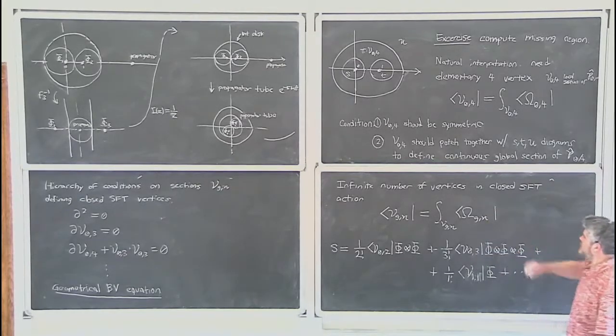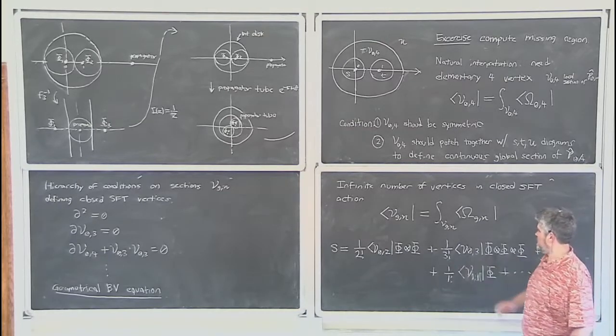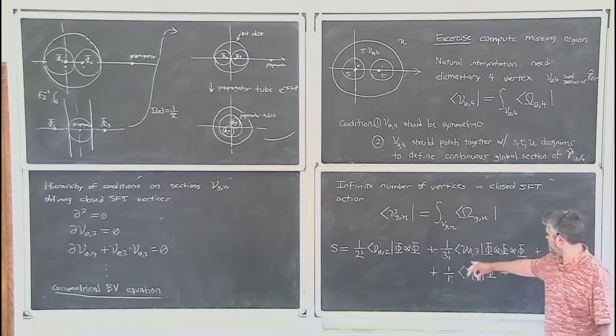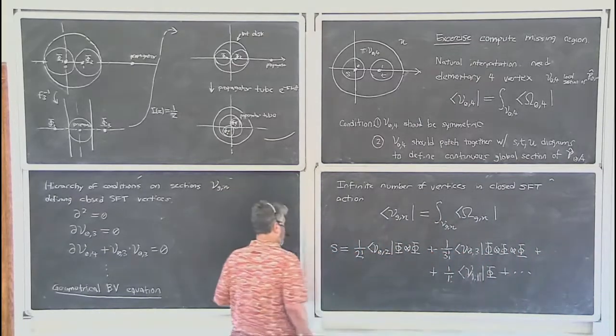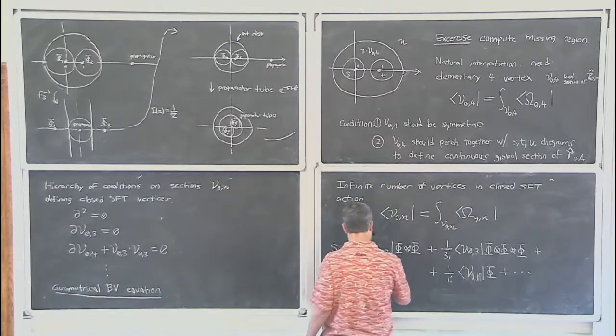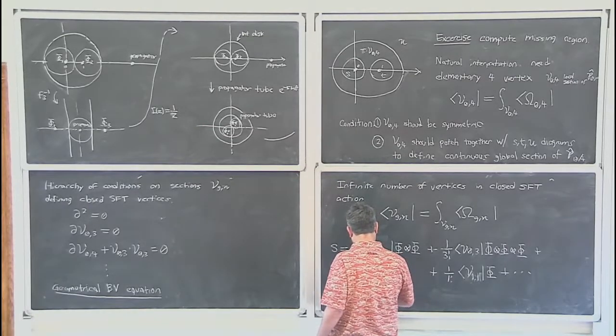And so you have this infinite sequence of vertices, and you basically know that they derive from an action principle, which is non-polynomial and has an infinite number of counter terms at the quantum level. Okay, so one thing that I didn't describe yet is the quadratic term in the action.